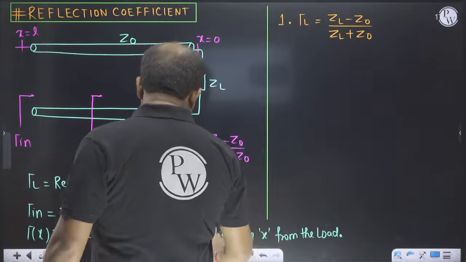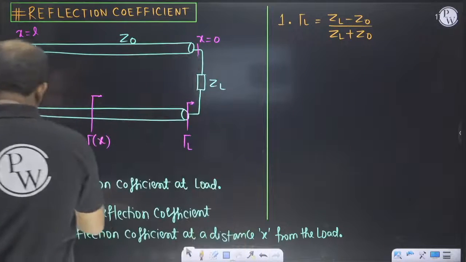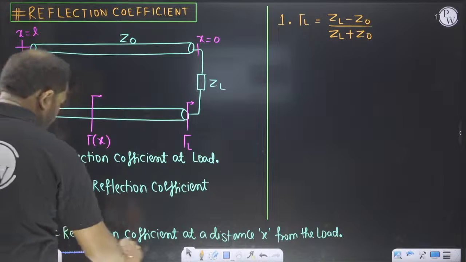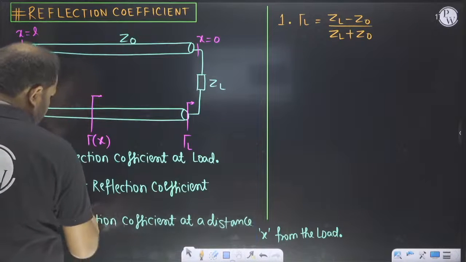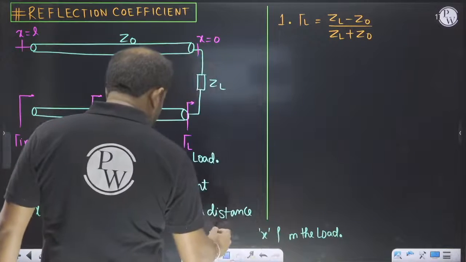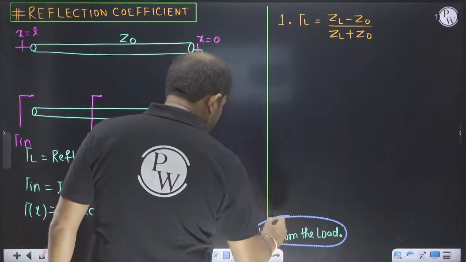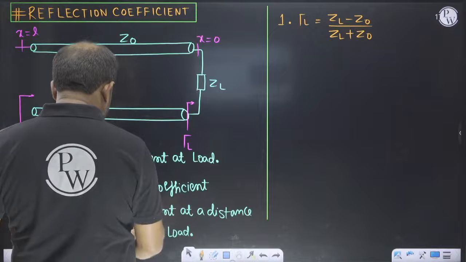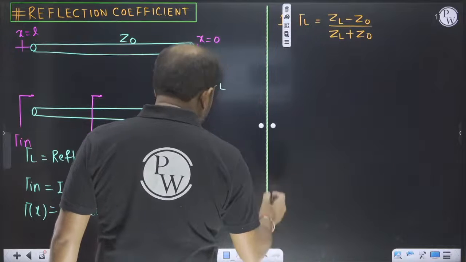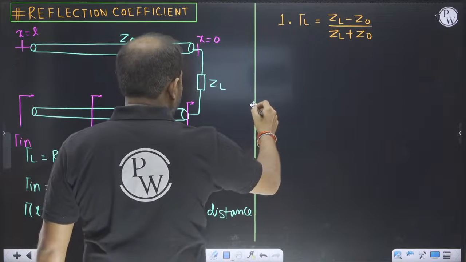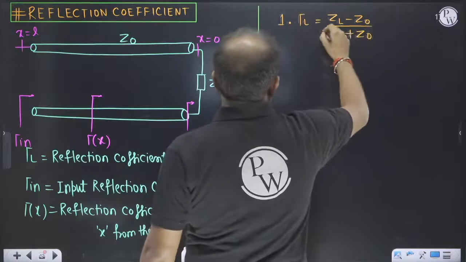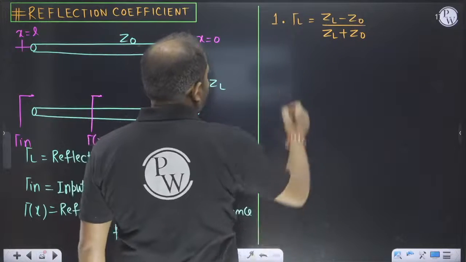Yes sir, this is the formula for gamma L. This is the reflection coefficient from the load.